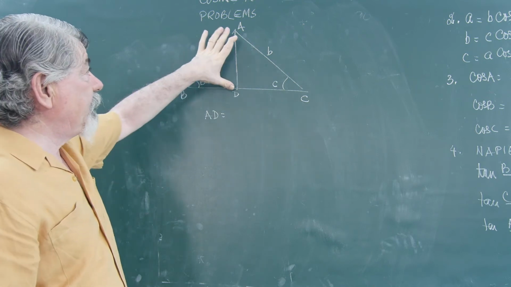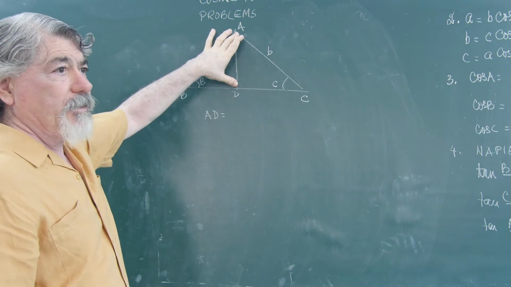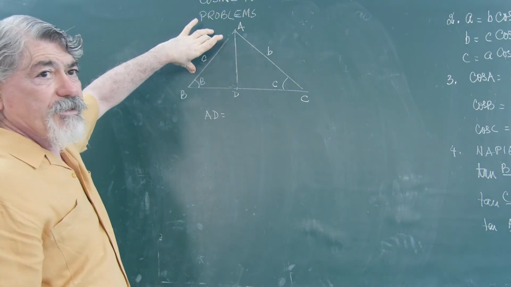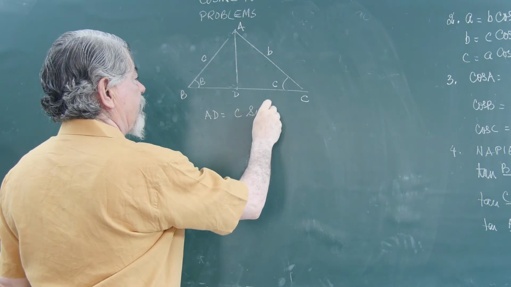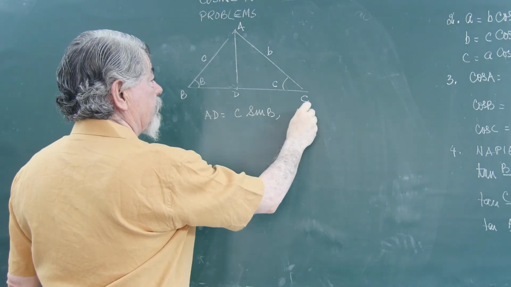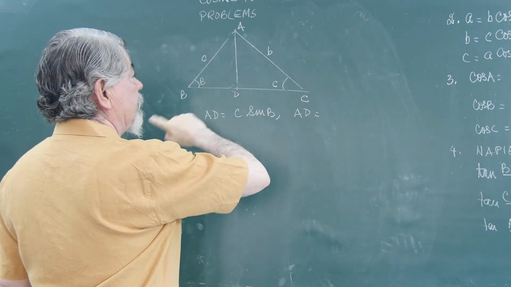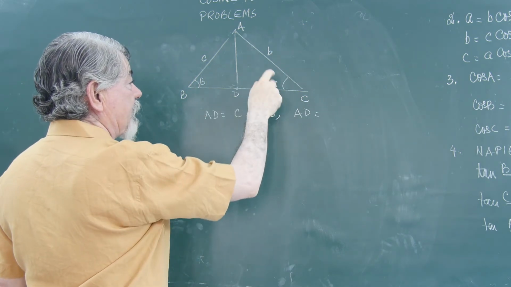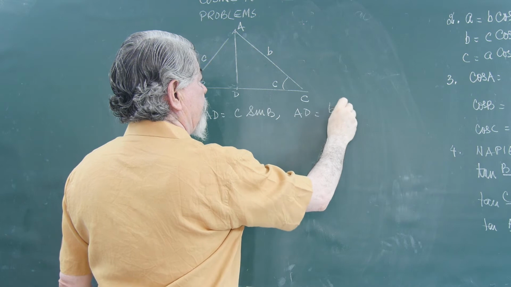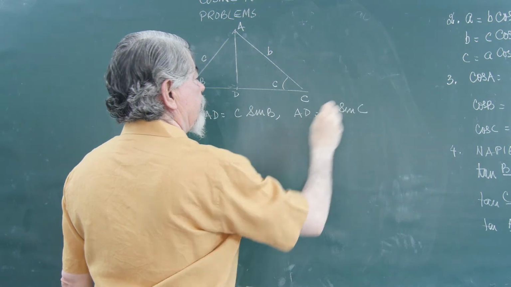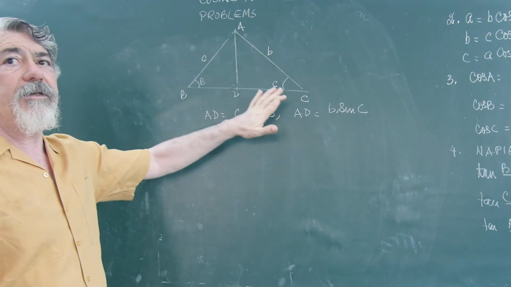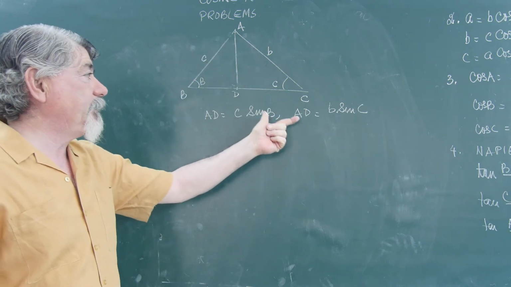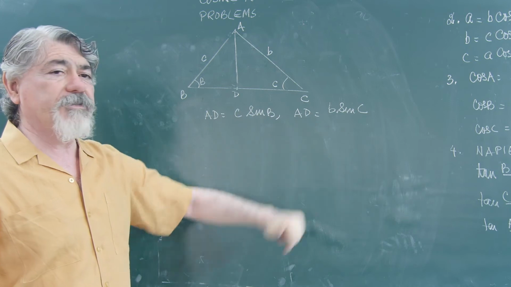I can write AD as, this is perpendicular, perpendicular upon hypotenuse is sin θ. So c sin B, I can write it. AD can also be written as b sin C. So AD can be written in both ways, c sin B in terms of sin B, and in terms of sin C.